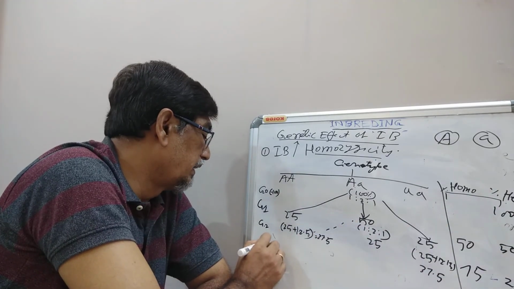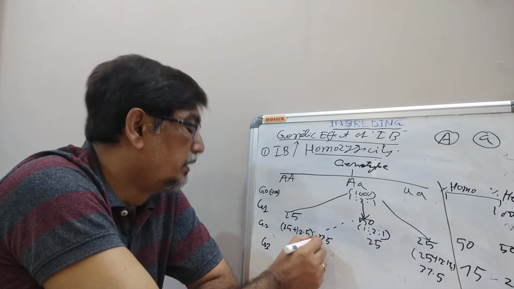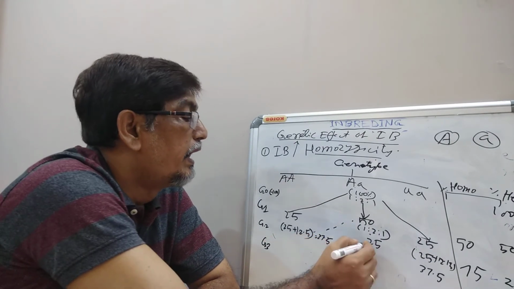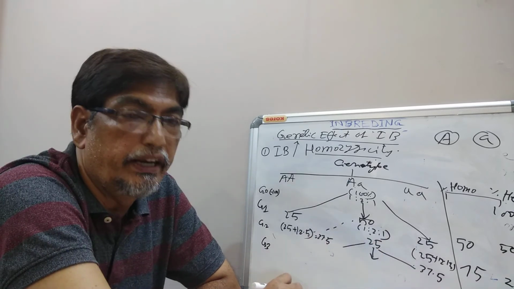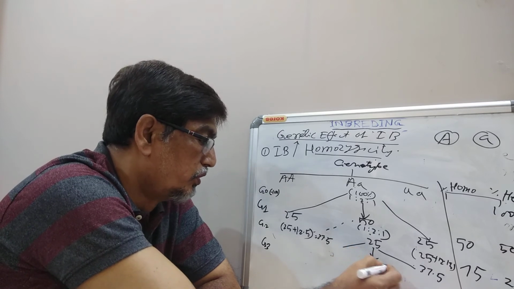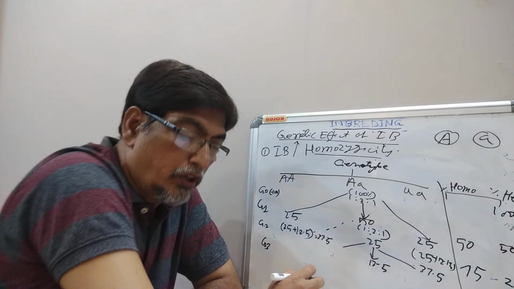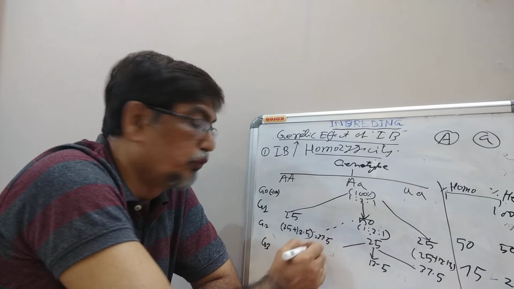Again, if we self-fertilize in the third generation, what will there be? There is 37.5, and again it will divide in a 1:2:1 ratio. So 12.5, it will be 12.5. So 6.25 again it will add. So again 6.25 it will add.